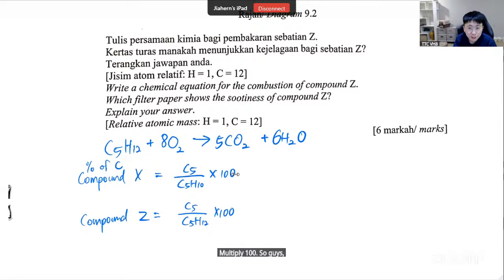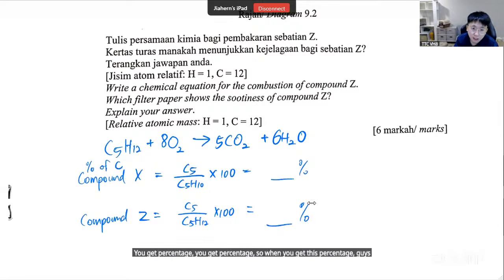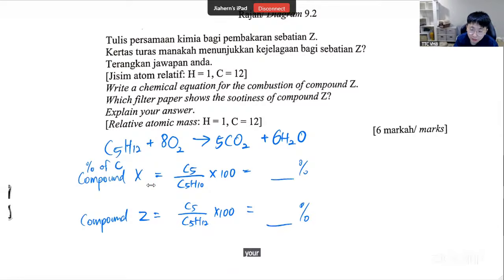So guys, the only difference is what? The H for X is 10. The H for Z is 12. So if you do the maths, you get the percentages. When you get this percentage, by right, your X, the alkene, should be higher percentage.